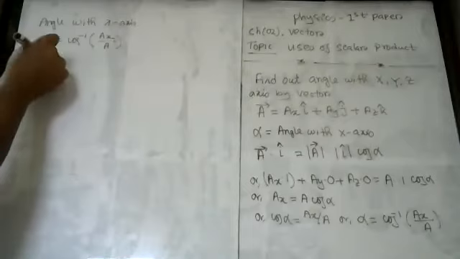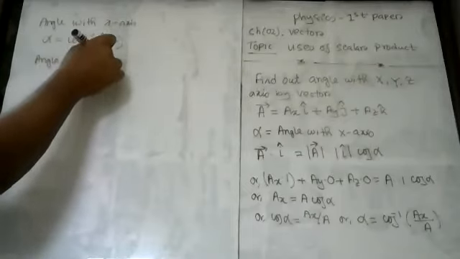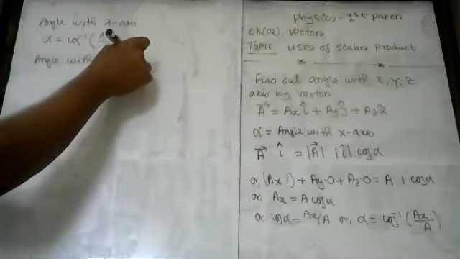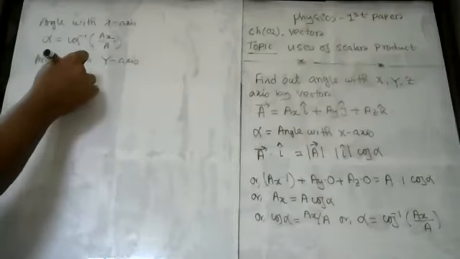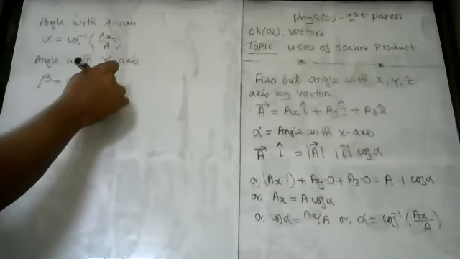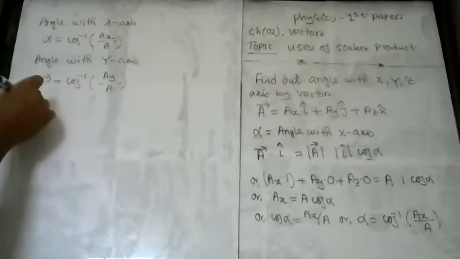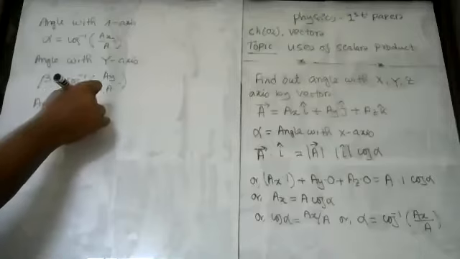The angle with y-axis, this is beta, will equal cos inverse of ay divided by a. Now, my dear student, the angle with z-axis.